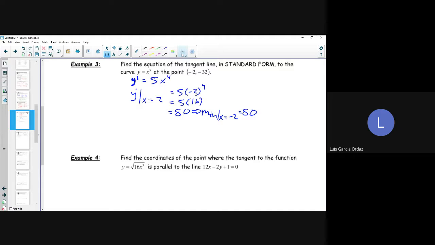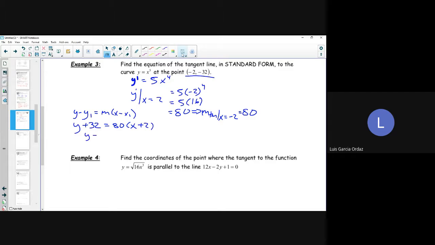Okay? And now we can use that information to find our equation of the tangent in standard form by using y minus y1 is equal to m times x minus x1, using the point -2, -32. So I get y minus -32, which is y plus 32, is equal to 80 times x minus -2, which is plus 2.